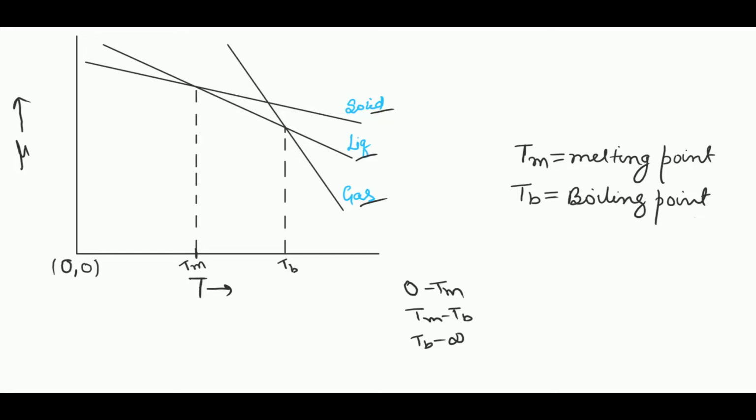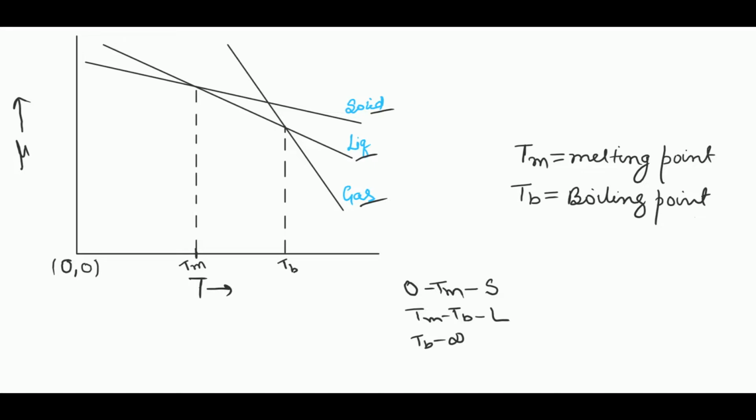We can see that from 0 to Tm, the solid phase has the least chemical potential and is the most stable phase. From Tm to Tb, the liquid phase has the least chemical potential and is the most stable phase.